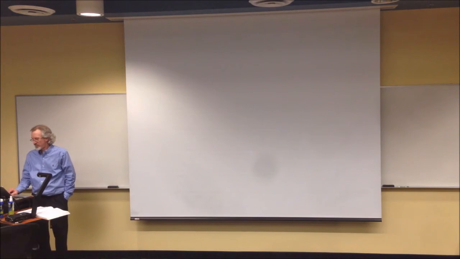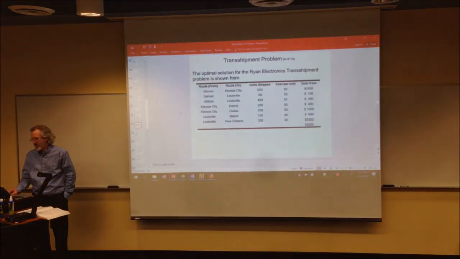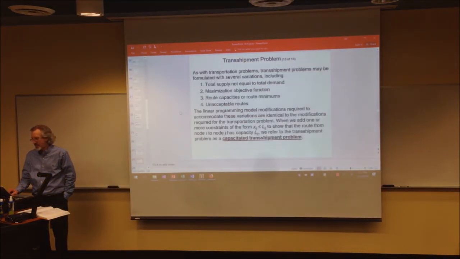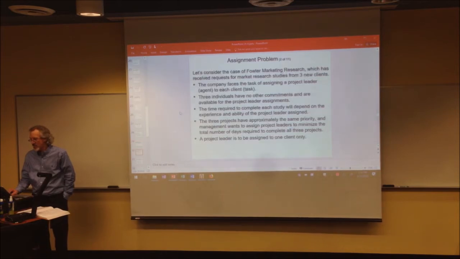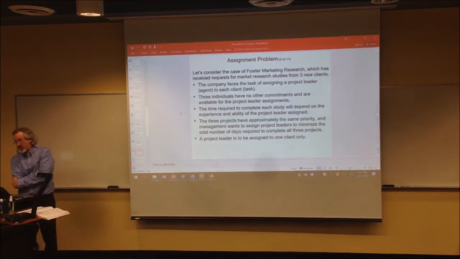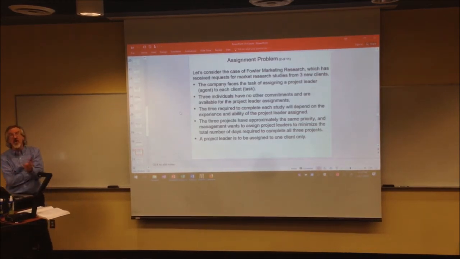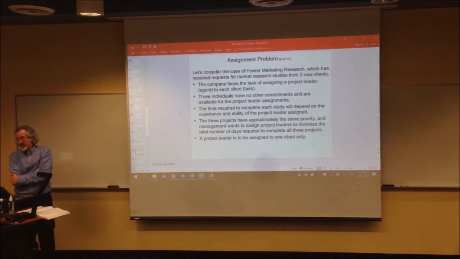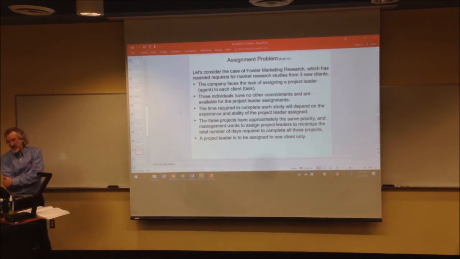Assignment. It kind of gave you information about this story already. It says, let's consider the case of Fowler Marketing Research, which has received requests for marketing research studies for 3 new clients. The company faces the task of assigning project leaders to each of these clients. 3 individuals have no other commitments and are available to be project leaders for these assignments.